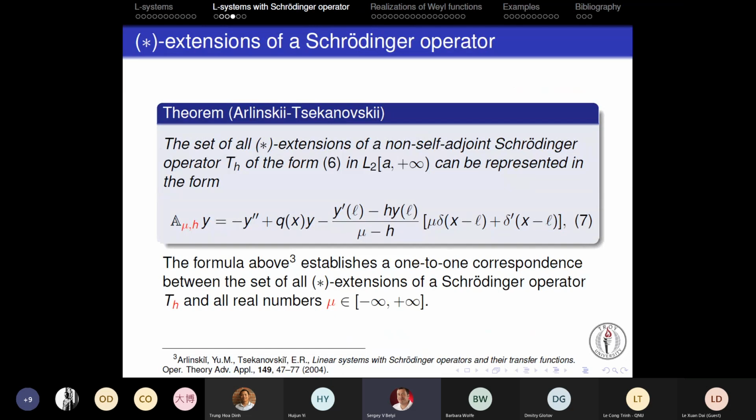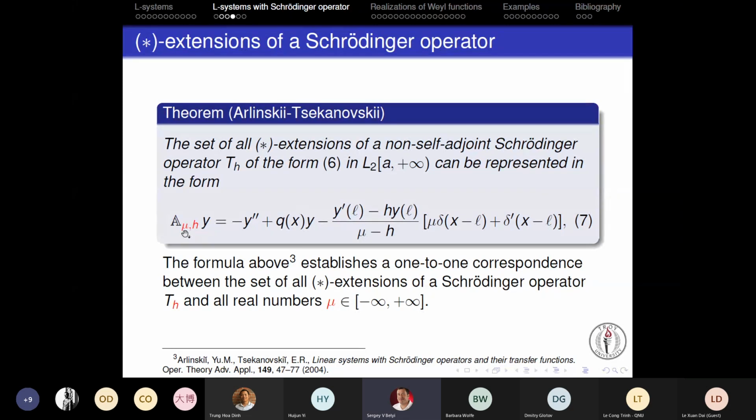Another result that is super relevant to what we're about to do is this. It has been proven that all star extensions, and star extensions are what we need to compose an L system, of the Schrodinger operator TH, of the form 6 from the slides below, can be represented in the form 7. If you notice, there are two parameters, mu and h.